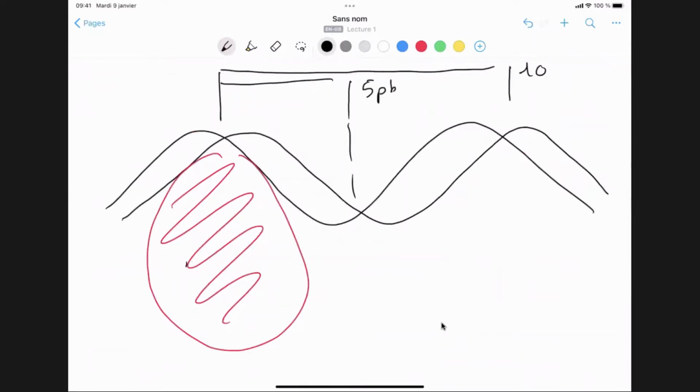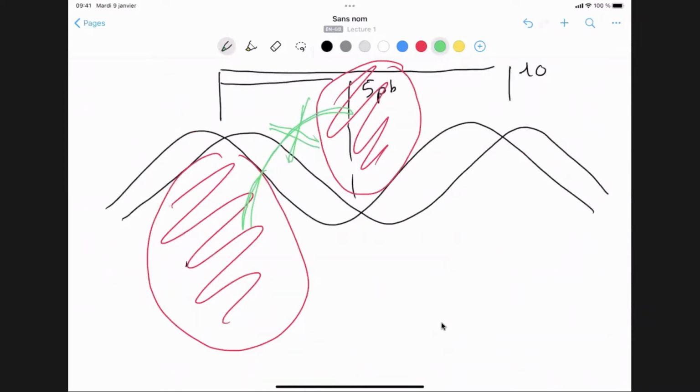So if two sites of interaction are separated by 5 and not 10, the two proteins are on two different sides of DNA. Do you understand? It's the other way. And the consequence is that because they are not on the same side, they cannot interact with each other.